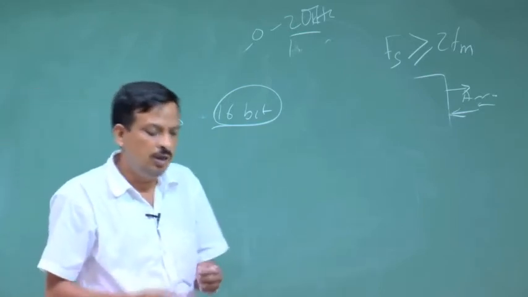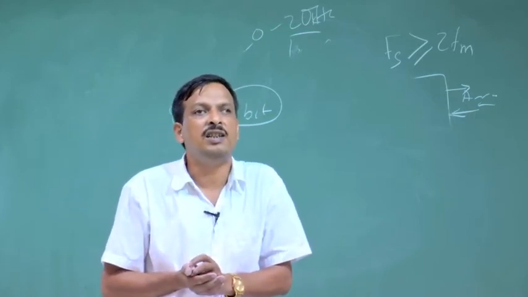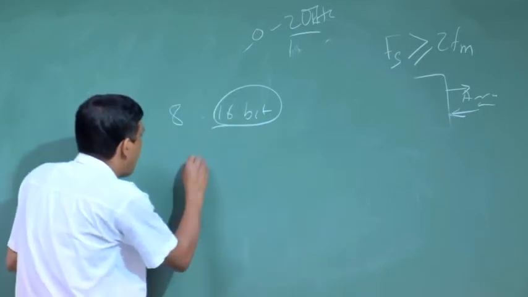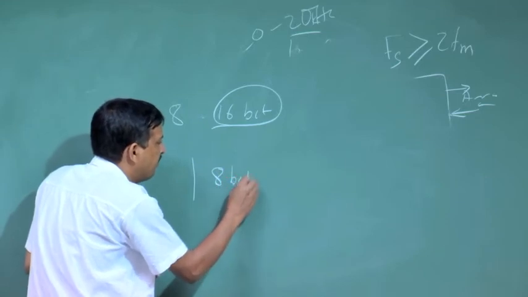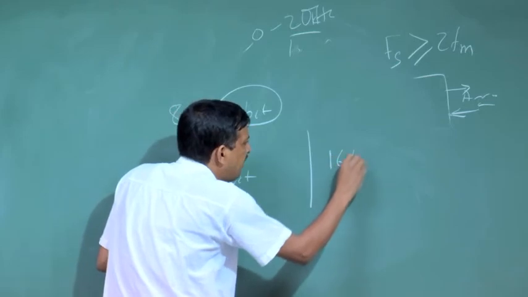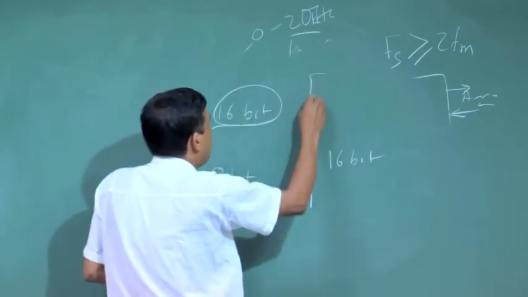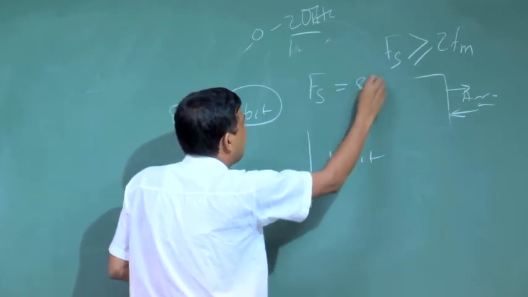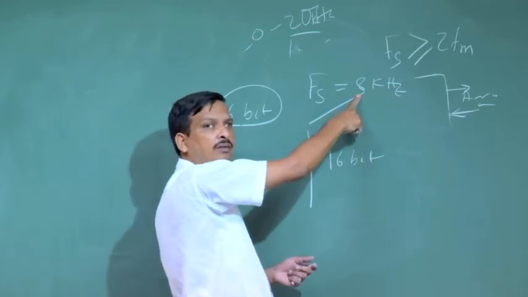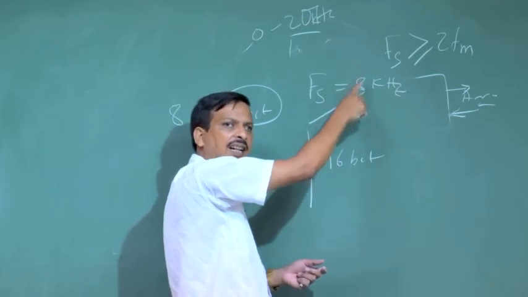What are the other aspects? Once I increase the quantization level, what is increasing? Data size. Because if it is 8-bit, one sample is represented by 8 bits. If it is 16-bit, a single sample is represented by 16 bits. Similarly, if Fs is 8 kilohertz, in 1 second I have generated 8k samples.